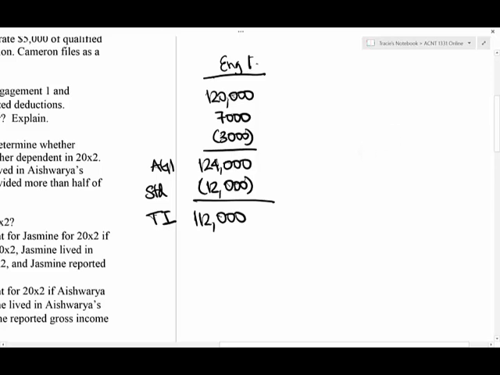So now let's look at engagement number 2. Under engagement number 2, we're going to start with the $120,000. But in this scenario, we've got $5,000 of business income. So I'm going to add that $5,000 in, and I'll get AGI of $125,000.